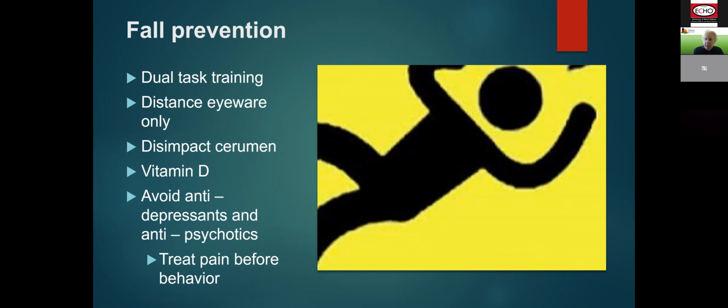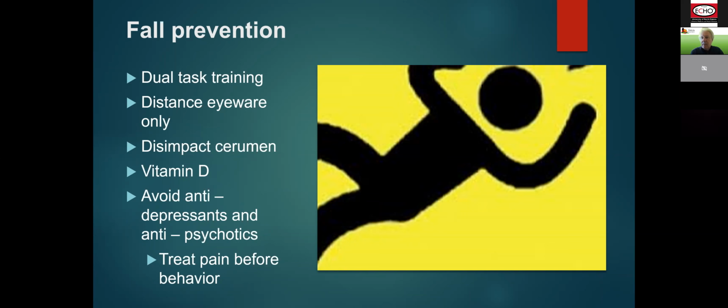The other things that we normally talk about for fall prevention is getting rid of the bifocals or the progressives and just wearing distance eyewear if you do need distance glasses. Believe it or not, simple disimpaction of earwax can help with balance. So always look in the ears.